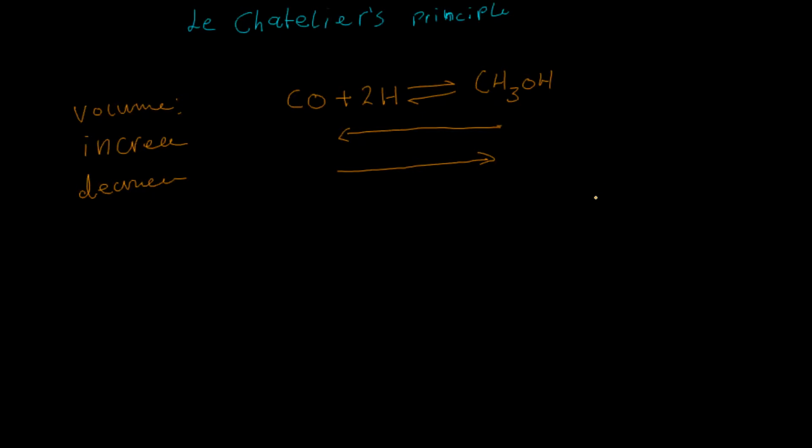Now we can use the same example for pressure. An increase in pressure, the equilibrium will move to counteract that change. So we'd want to decrease the pressure again, and to decrease the pressure, we'd want to move to the side with least molecules, and vice versa.